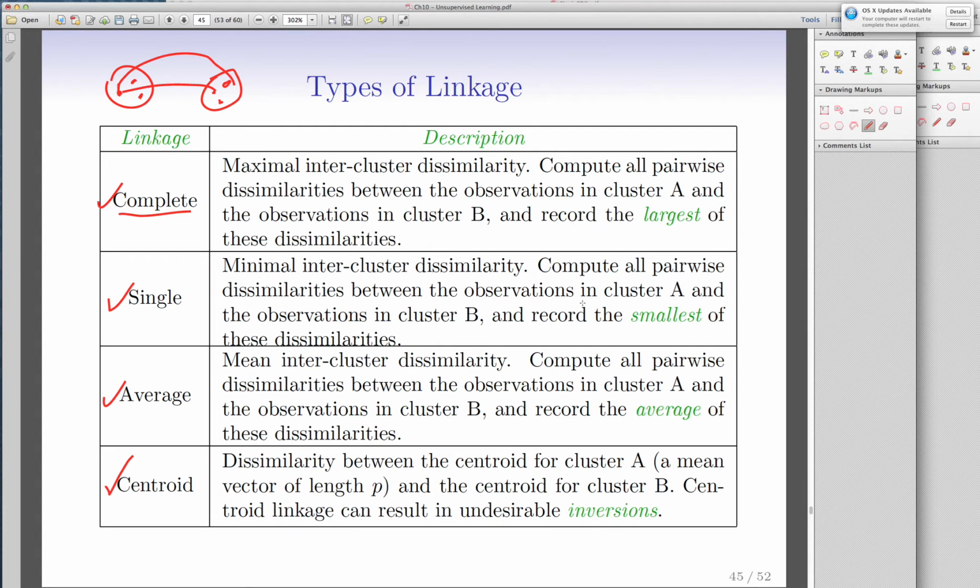So we compute all pairwise dissimilarities between the observations in cluster A and B and record the smallest of these dissimilarities. For example, in the single case, this distance will be chosen because these are the closest observations.